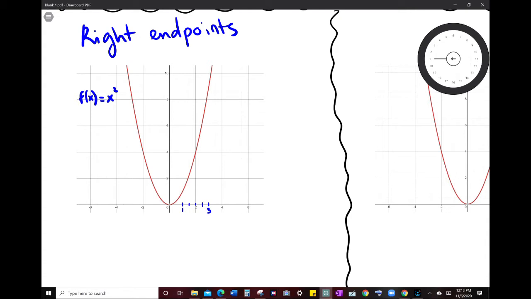If we want to calculate the area under the curve, we will use rectangles to do it. So we will draw the rectangle, and since we use the right endpoint, that means I draw this one up, and this one. So now I have the right endpoint right here.